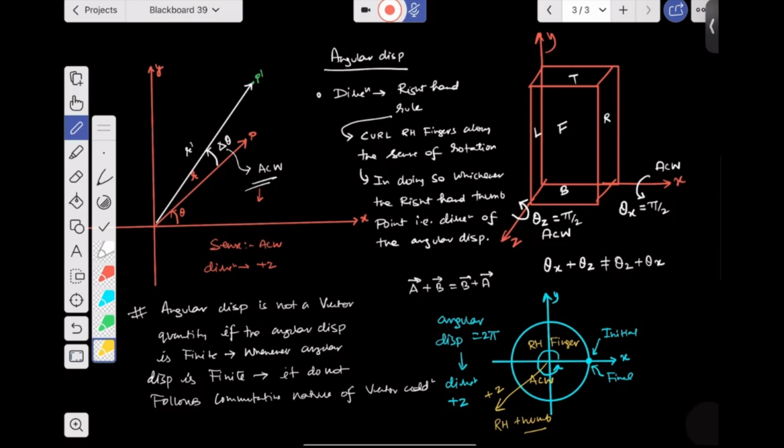Imagine you are sitting somewhere on the minus z axis side; from that side the same particle will look to be moving in clockwise sense, correct? Even so, you apply the right hand rule and you will find the right hand thumb still points in the plus z direction.